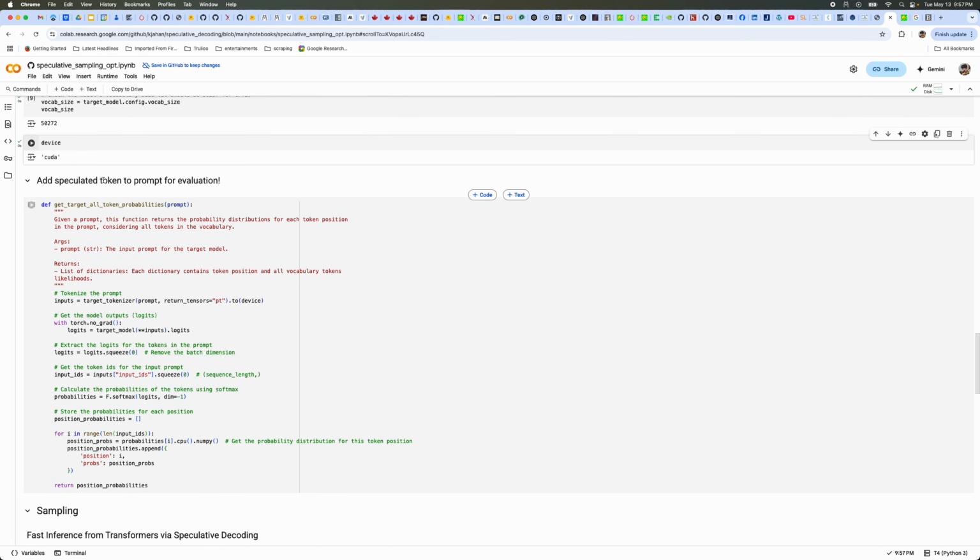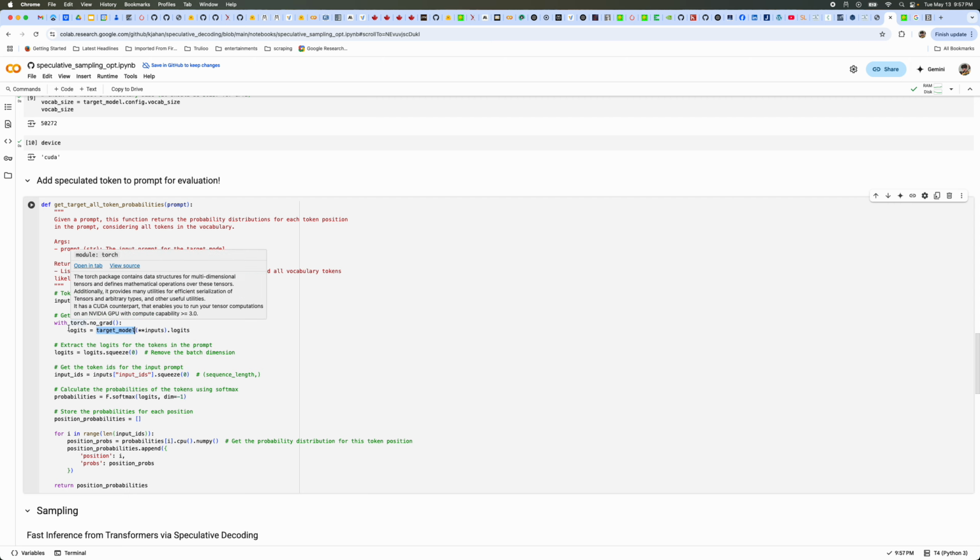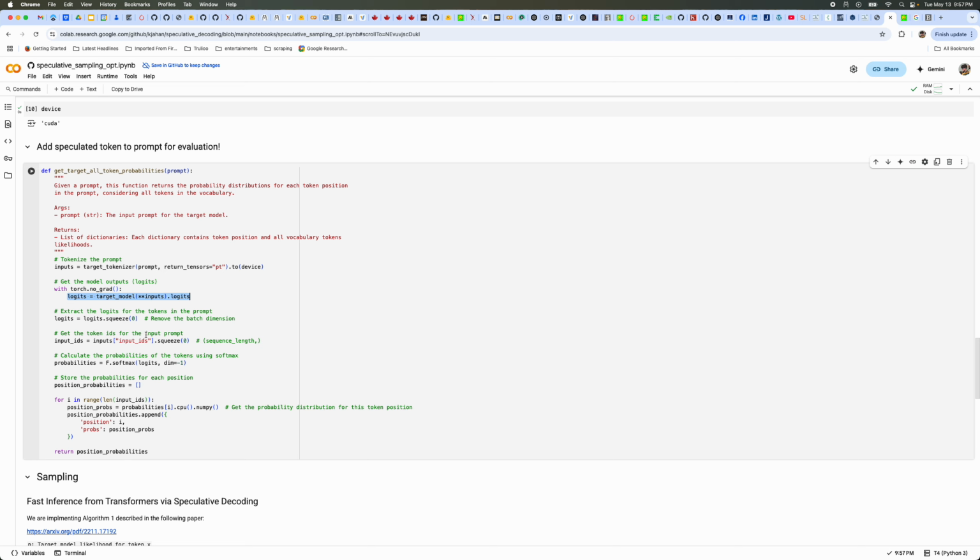Now I have implemented a method similar to the other one I showed you, but for the target model. If we feed the prompt to this method, it uses the target model to generate the logits. I squeeze them to get rid of the batch dimension, and essentially I get all the token IDs.